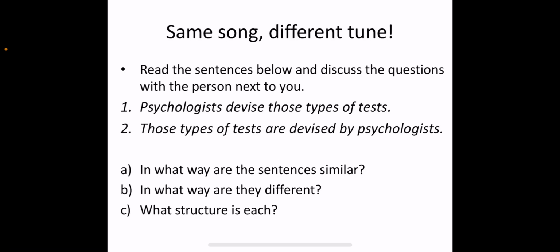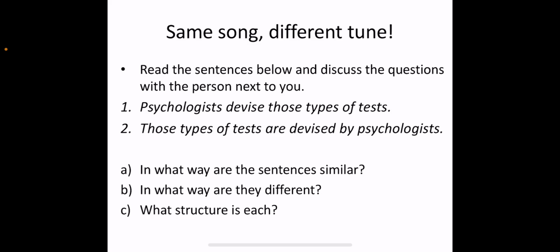So, you have been doing the test in Unit 1, and that type of test is designed with a purpose. The purpose of the test is to, well, check how good your mind is. So let's analyze some sentences about the test. It says, read the sentences below and discuss the questions with the person next to you.